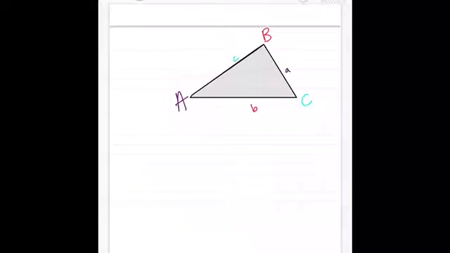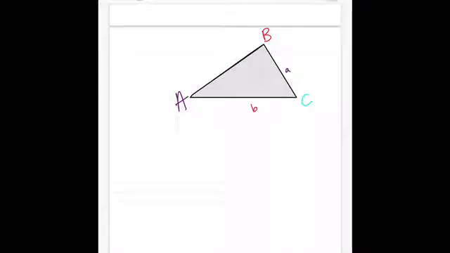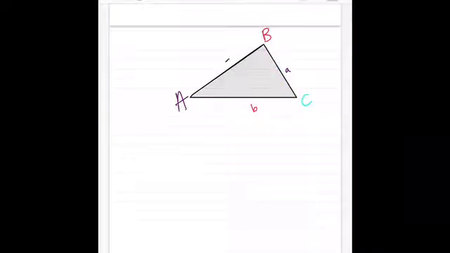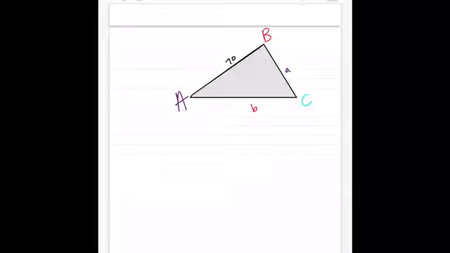Angle side. Okay. So let's make this 70. Let's make this angle 40. Let's make this angle 35.